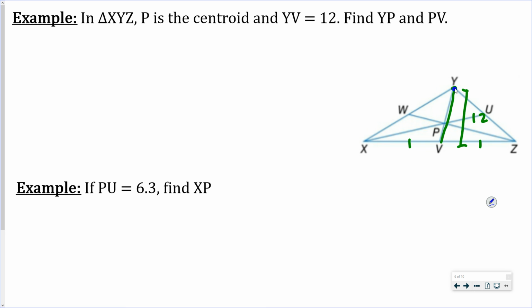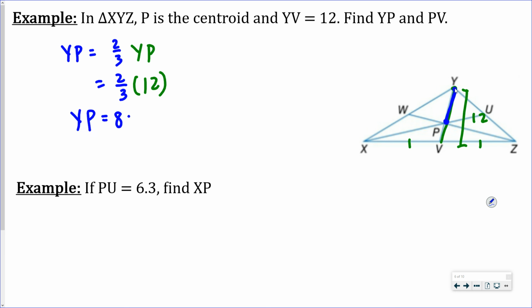First, they want me to find YP, so that's from the vertex side to the centroid. So we're using this little theorem that I know it's always 2/3 the distance of the whole segment. Well, if the whole segment is 12, what's 2/3 of 12? 8. That distance is 8.